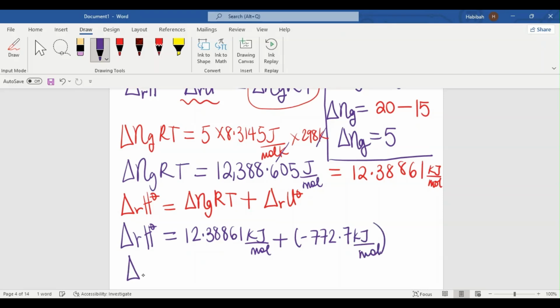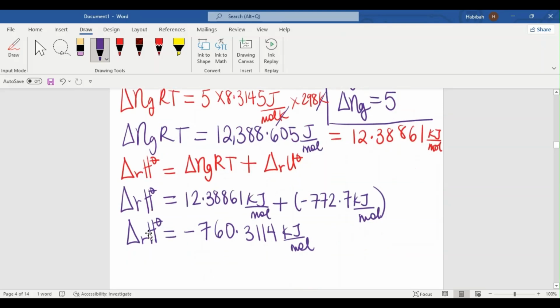So the change in enthalpy of reaction becomes negative 772.7 kilojoule per mole plus 12.38861 kilojoule per mole. When you put that in your calculator, you're going to end up getting negative 760.3114 kilojoule per mole. And of course, you can approximate based on what we're given.